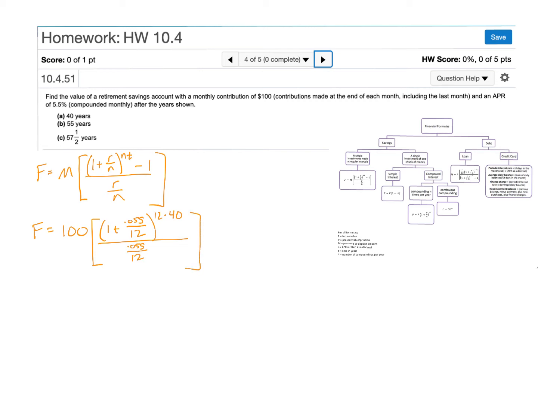So now this is just a matter of typing it into our calculator appropriately. So same as before, 0.055 divided by 12 is stored as the letter A. Okay, so I'm going to do 1 plus A, and then raise that to the 12 times 40.